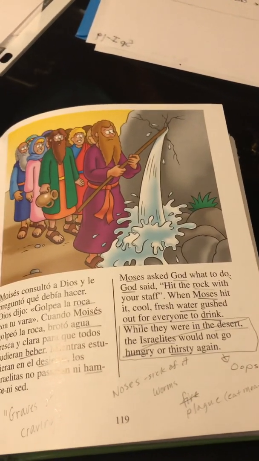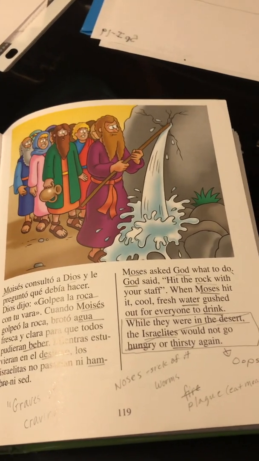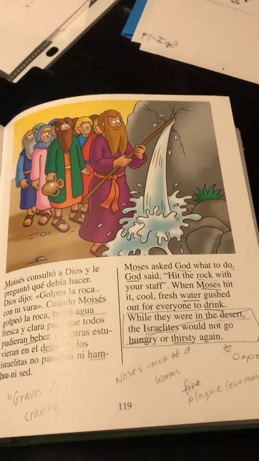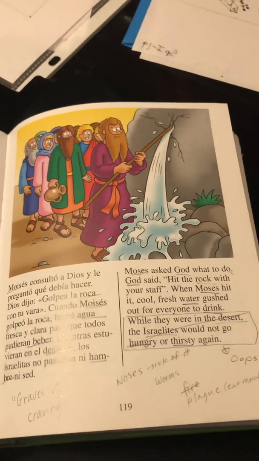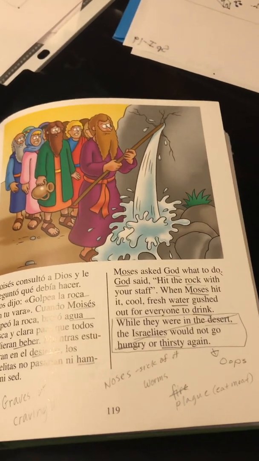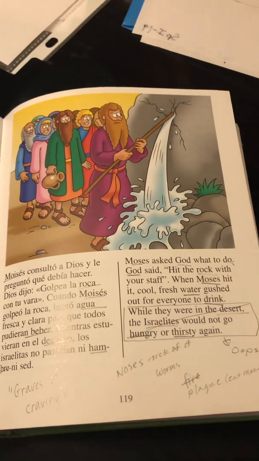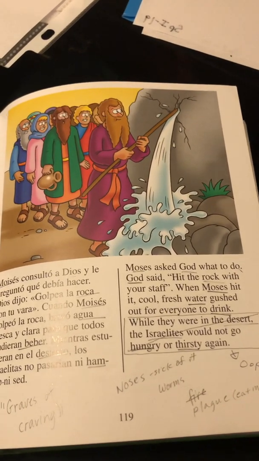of the people. But because of how the people were treating God in this story, they were not being grateful. They were not asking nicely. They were just complaining, and complaining is so sinful. God ended up killing some of the Israelites for how they were acting, for how they were treating him and treating Moses.